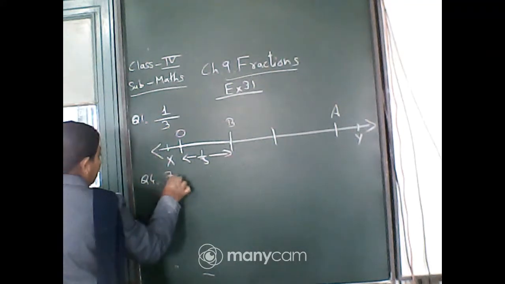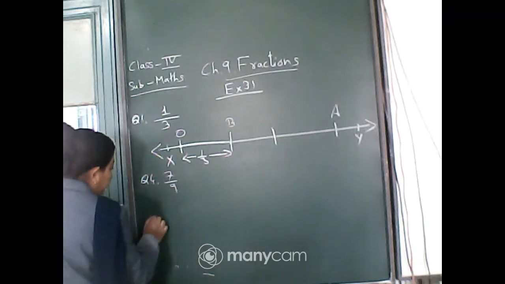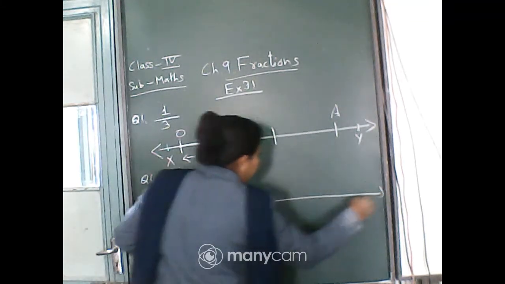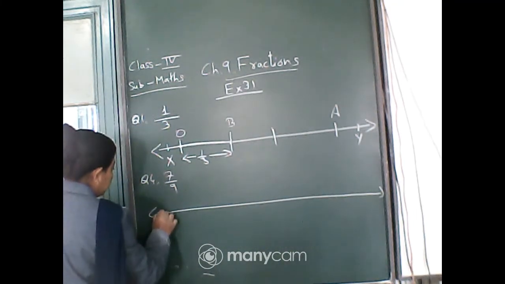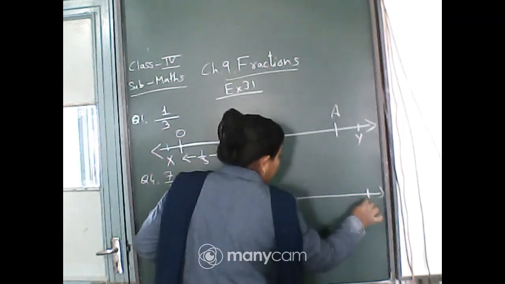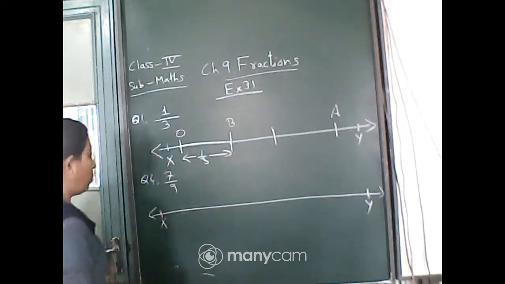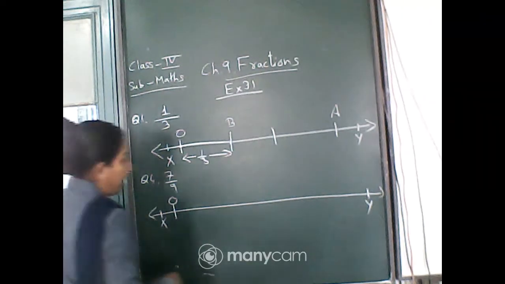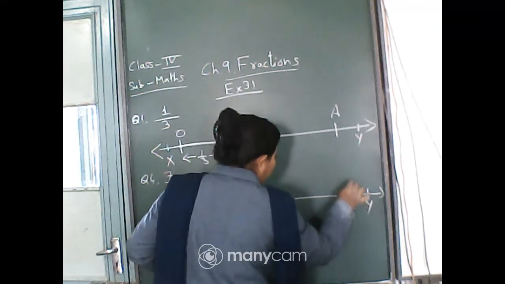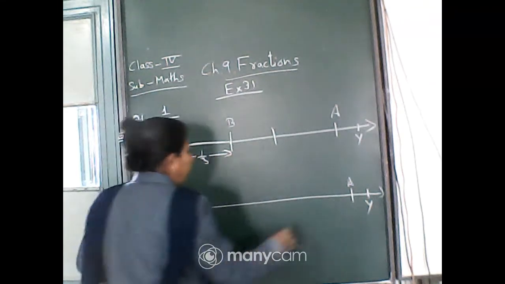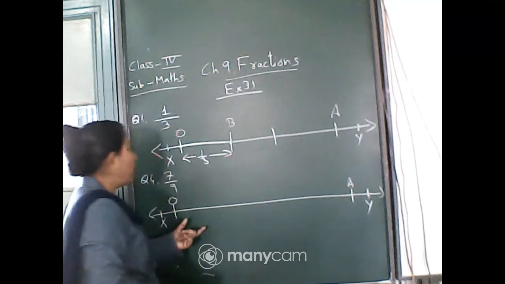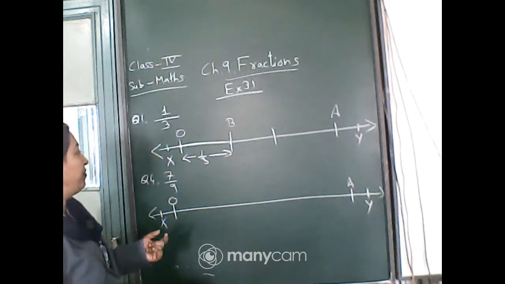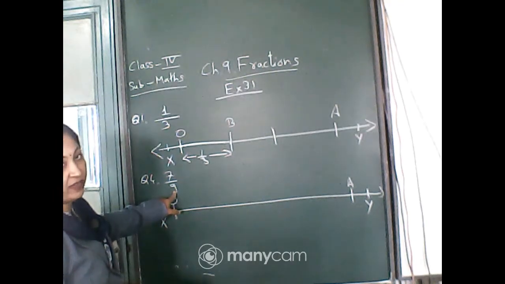First of all, draw one line. Name the line XY, then you will take from 0 to A as 1 unit. Now this 0 to A, you have to divide into 9 parts, since it is given 7 by 9.